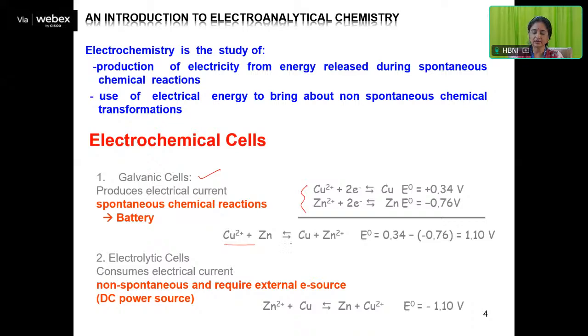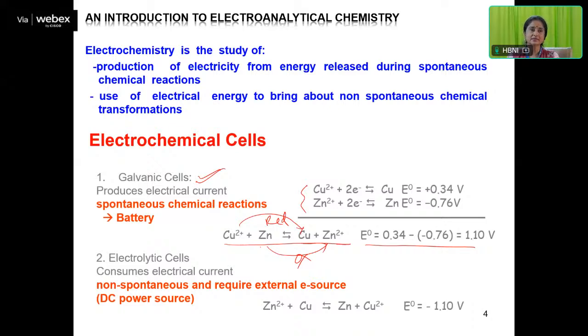So this is the reaction, and this comes under the galvanic cell: copper 2 plus and zinc giving copper and zinc 2 plus. Finally here zinc is getting oxidized and copper is getting reduced. So the total E cell you can calculate.